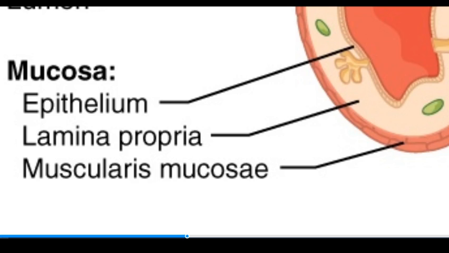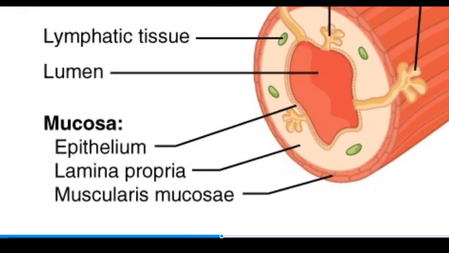Very thin layer of muscle tissue, but it is there. Now, the epithelium varies depending on where we're looking. The upper digestive tract, anatomically speaking, has a stratified squamous epithelium, which is the esophagus and everything in the head and neck. And then the lower digestive tract has a simple columnar epithelium, which is the stomach and the intestines.